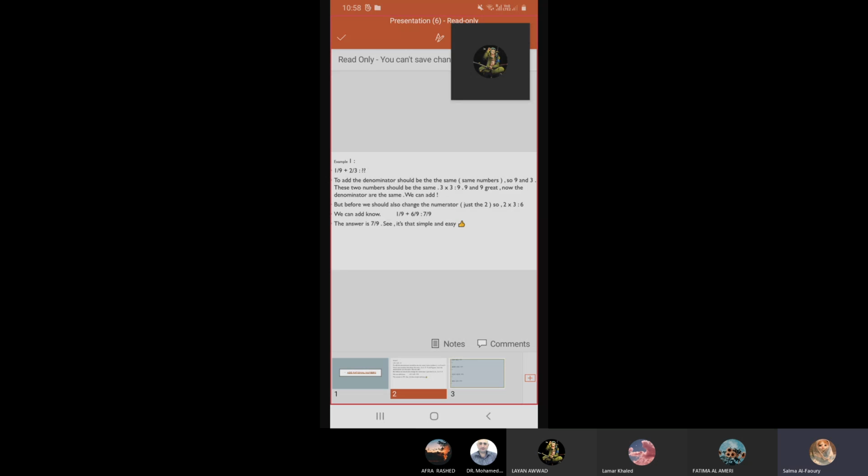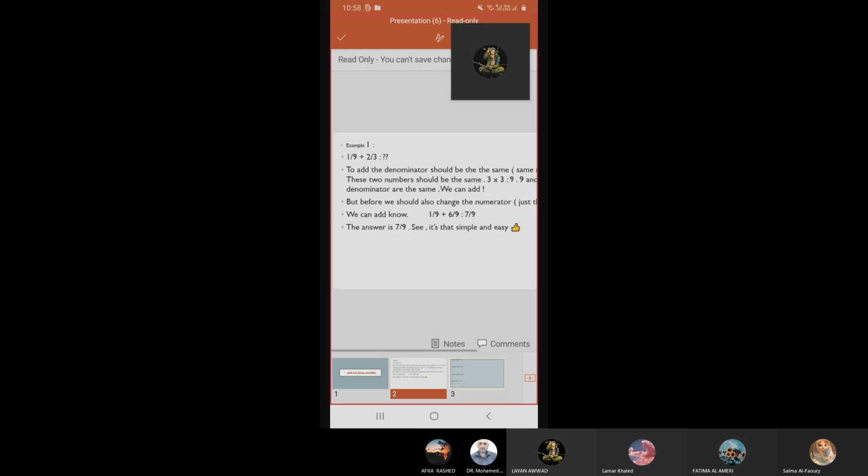Please bring paper and pencil so you can understand and write because I can't write. When we want to add, the denominator should be the same. Focus on this. When we want to add, just look at the denominator at first. And if they're the same, we can now add. But if they're not the same, we should change them.